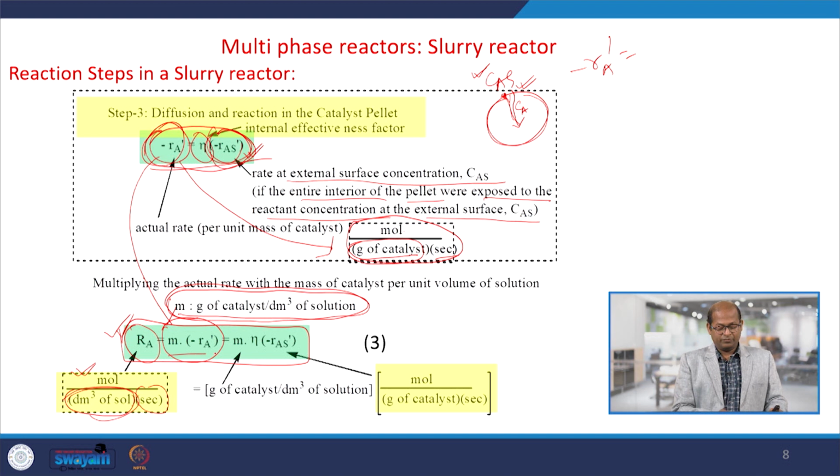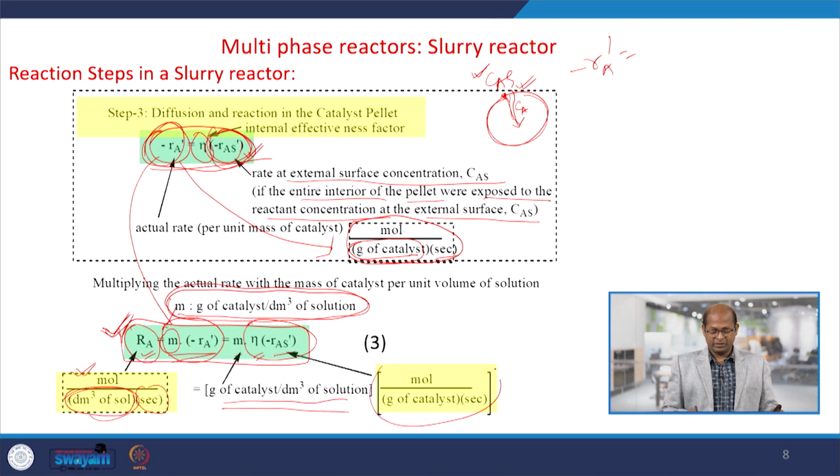So moles of A reacted per dm cubed of solution per unit time is the rate of reaction. If we multiply minus R A prime by M and substitute, then the rate for internal diffusion and reactions can be written as M eta minus R A S prime. The unit of M is this and the unit of minus R A prime is this; if you multiply them, it would be this.